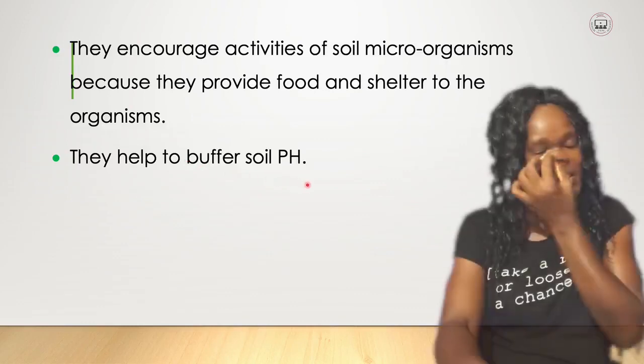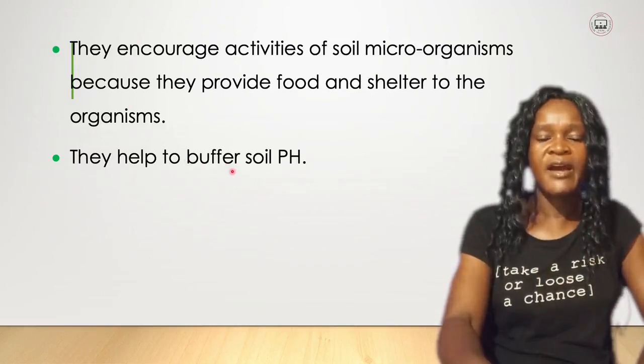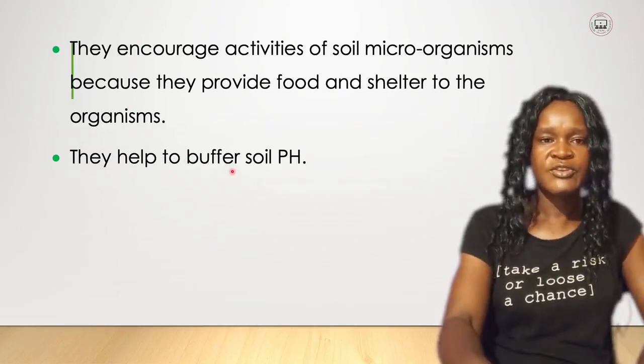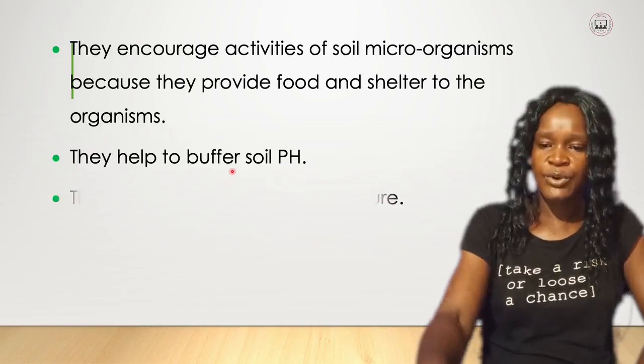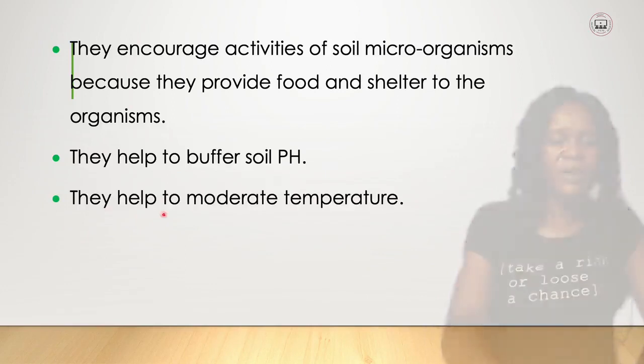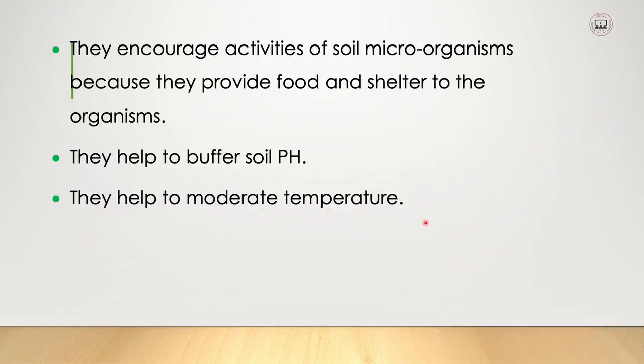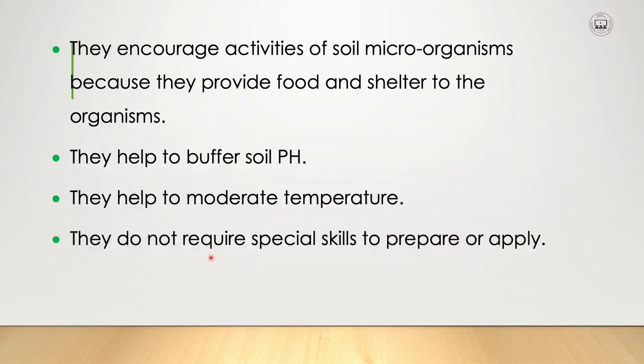Most of the time, organic manure is neutral. It is neither too acidic nor too alkaline, so it will help to buffer soil pH. Apart from that, they help to moderate temperature. And also, they do not require special skills to prepare and apply.